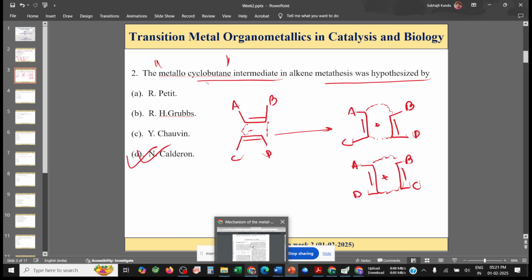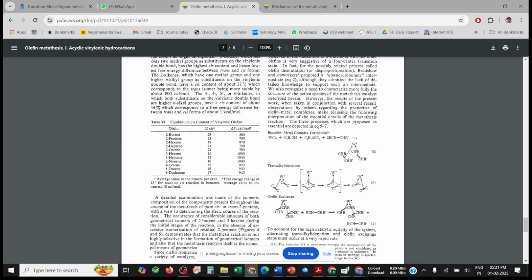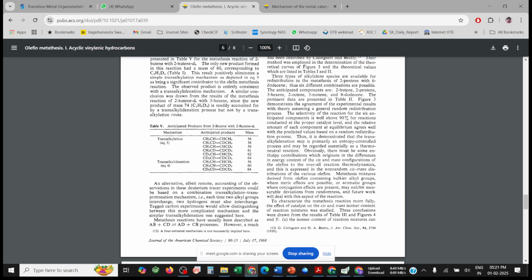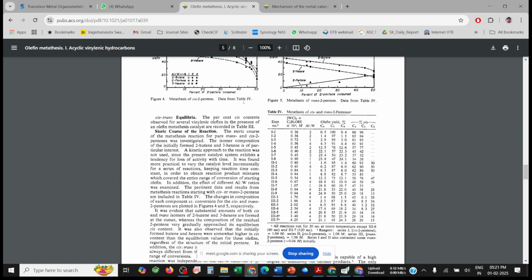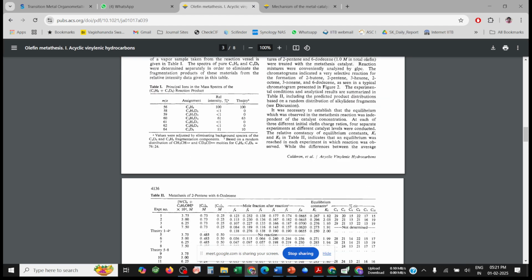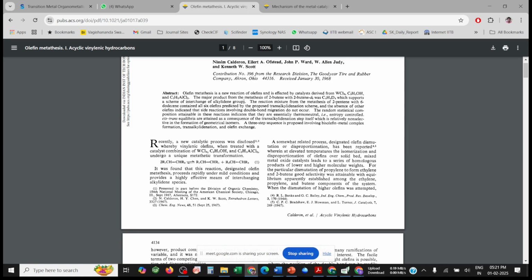This is his own paper, the original JACS paper in 1968.